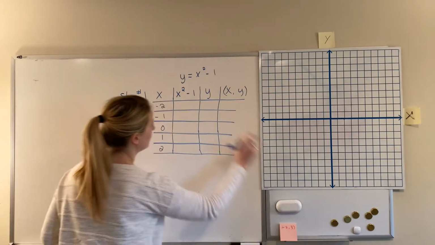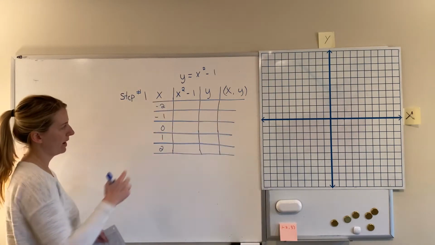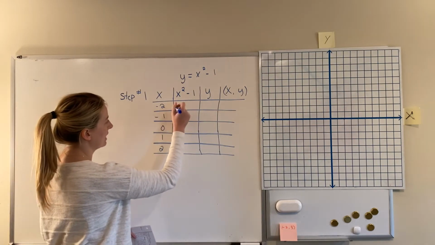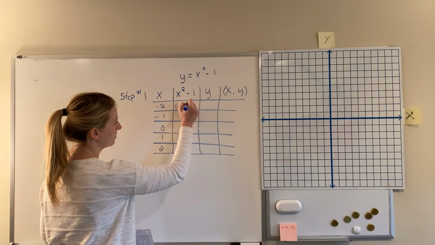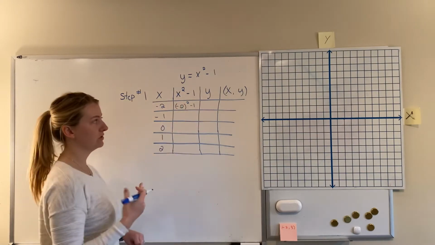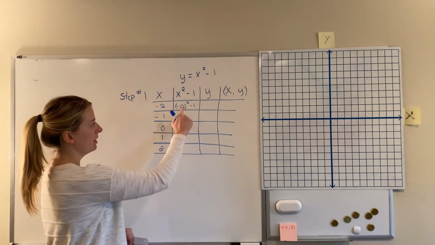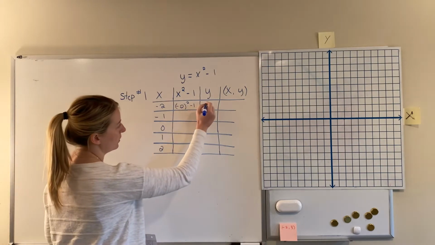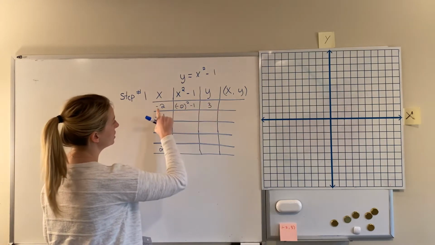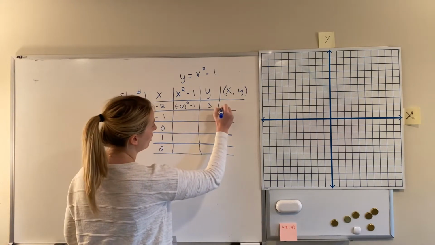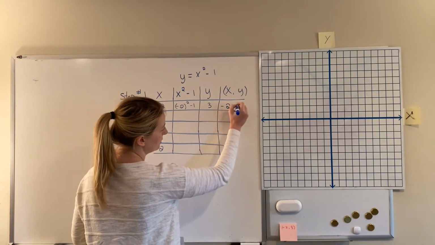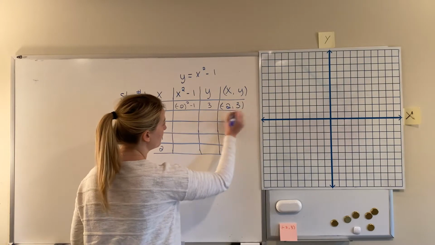Okay. Get our y, put together our ordered pair. So plug in -2 for x. -2 squared is +4. +4 minus 1 is 3. So when x is -2, y is equal to 3. Our ordered pair is -2, 3.